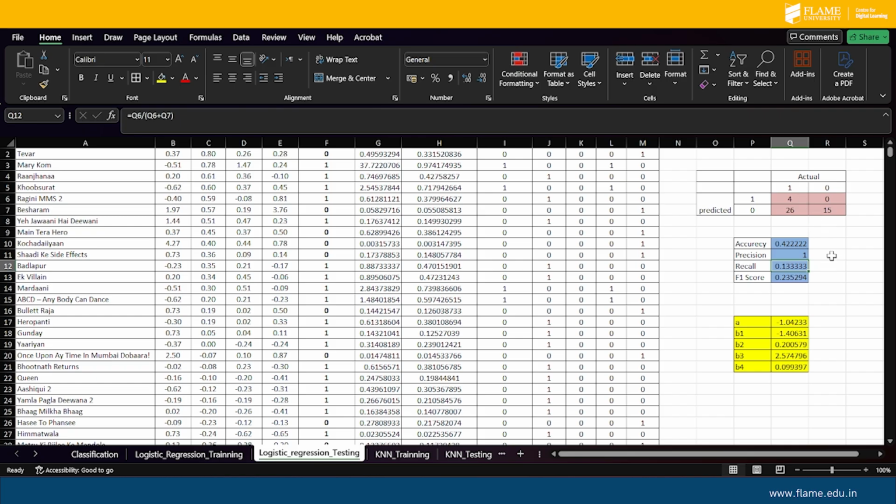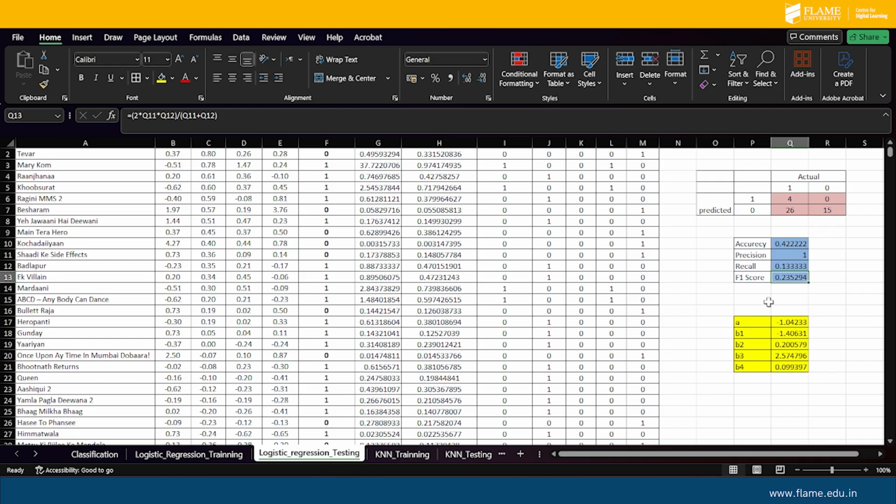An F1 score indicates a balanced measurement of precision and recall, and this F1 score is very helpful when you are dealing with biased data in training a supervised model, basically in the case of a classification model.